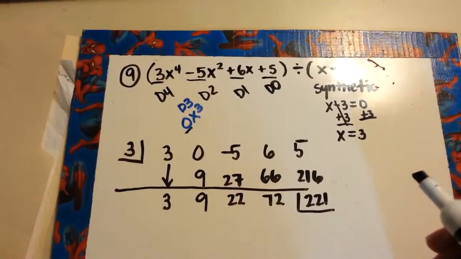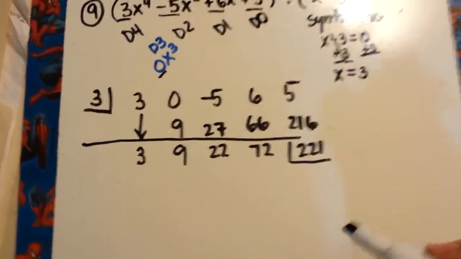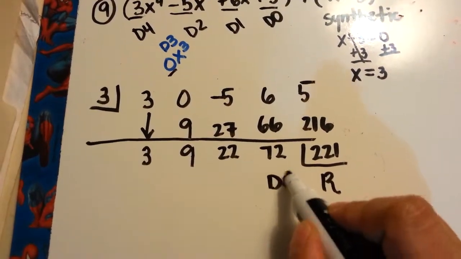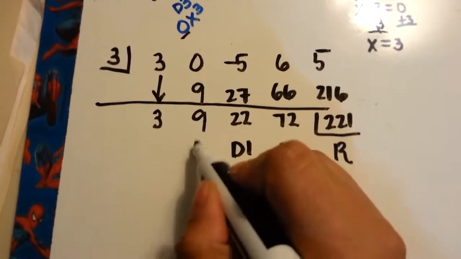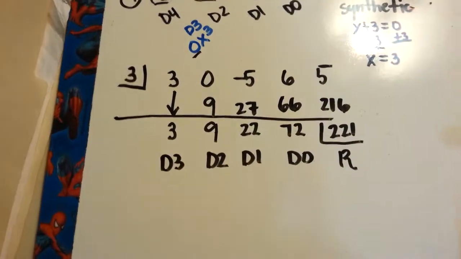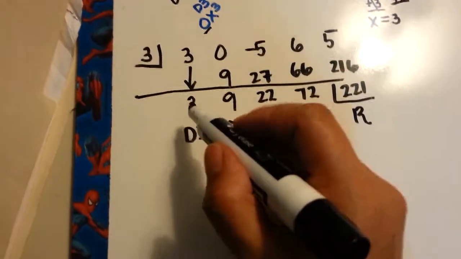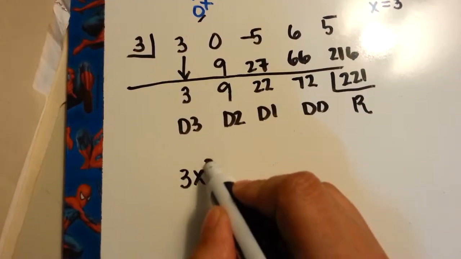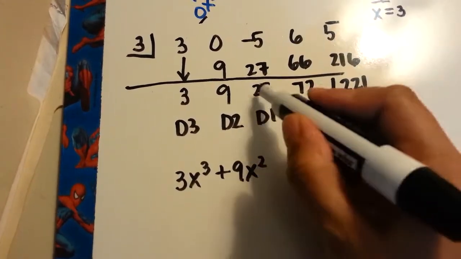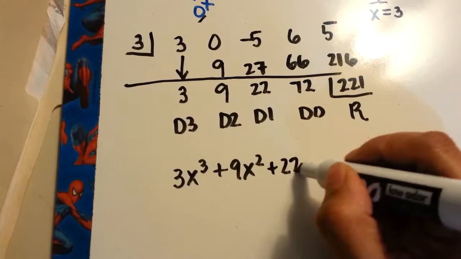So then, how do you write the polynomial from this? This is the remainder. This one is the degree 0 term, degree 1, degree 2, and degree 3. So this is 3x to the third, 9x squared, plus 22x.